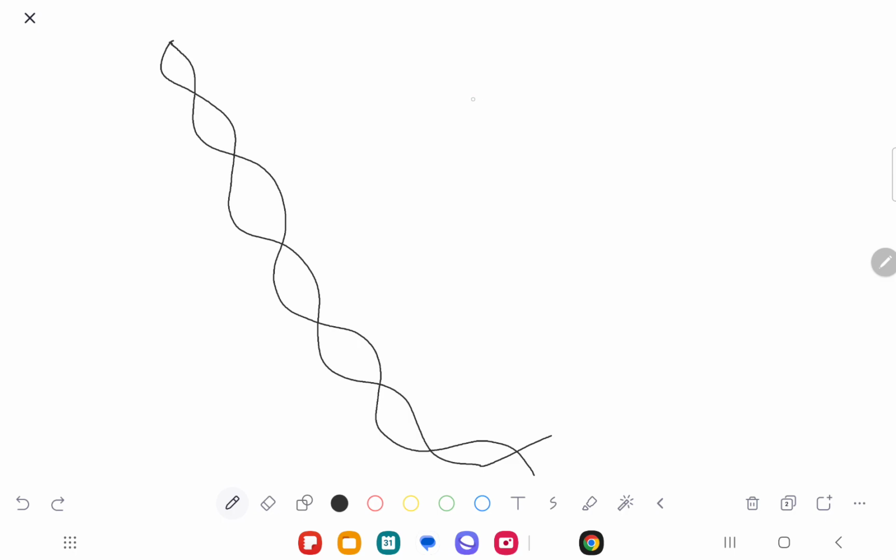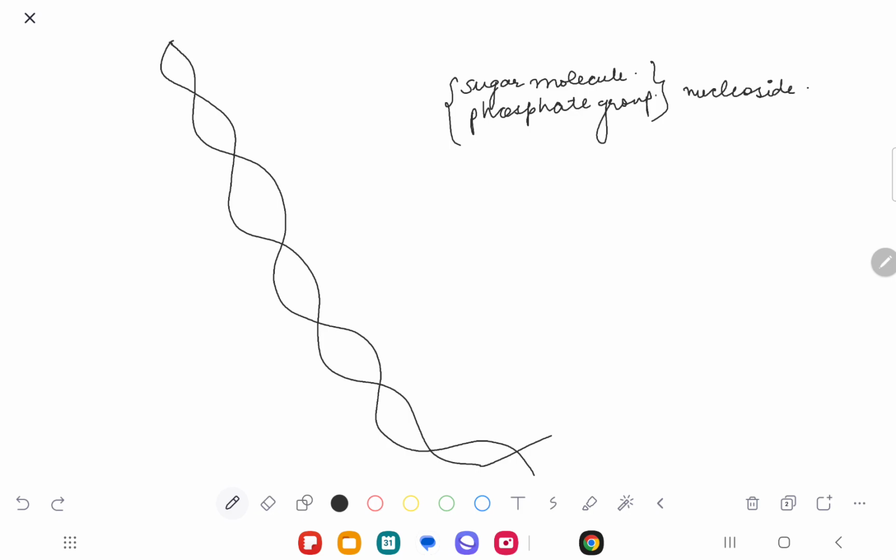One is a sugar molecule, and there is this phosphate group, and this group forms a nucleoside. Then another sugar molecule and another phosphate group.